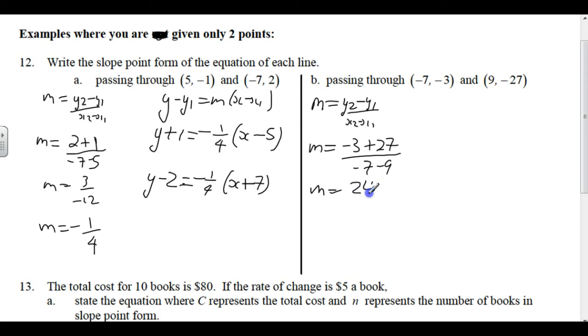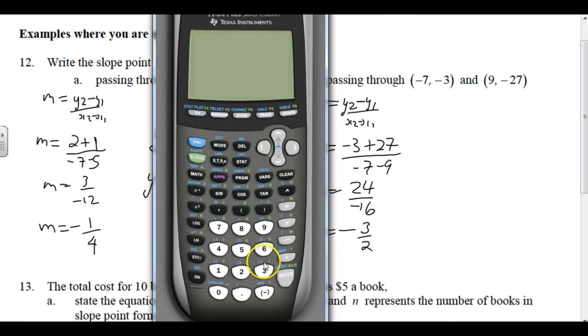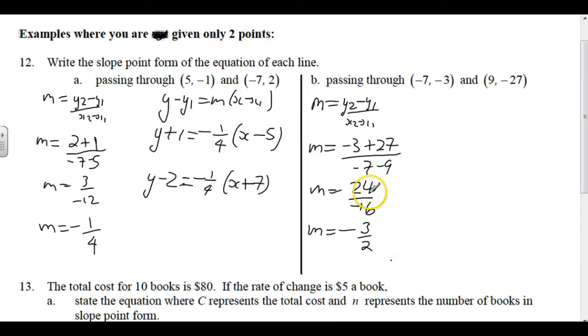So that's 24 over negative 16. So it's negative 3/2, right? Since both of these are divisible by 8, and if you're lazy, 24 divided by 16, convert to a fraction, and we get 3/2, right? But we know it's negative because there's a negative there.